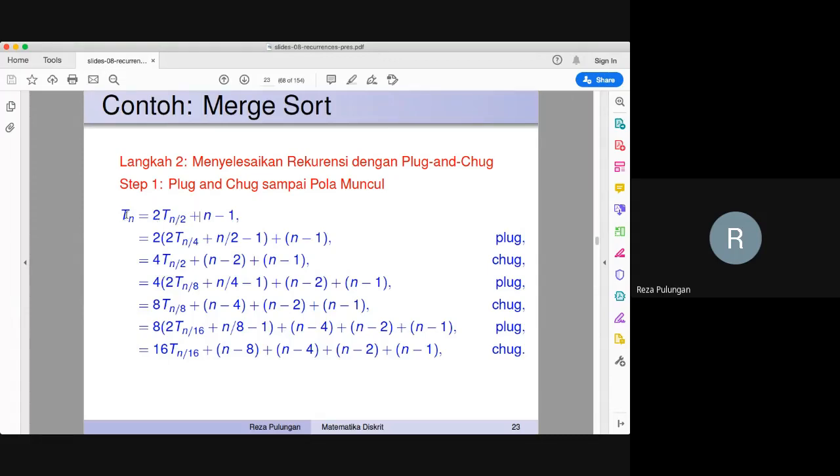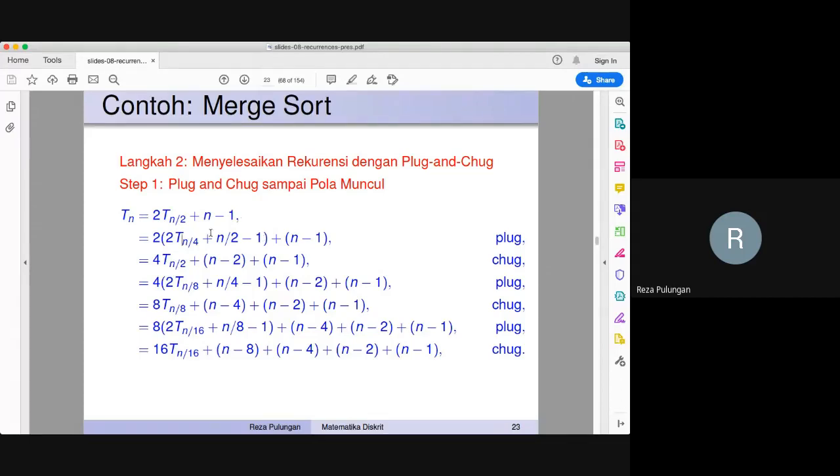That means T(n divided by 2) will be 2 times T(n divided by 4) plus n divided by 2 minus 1.